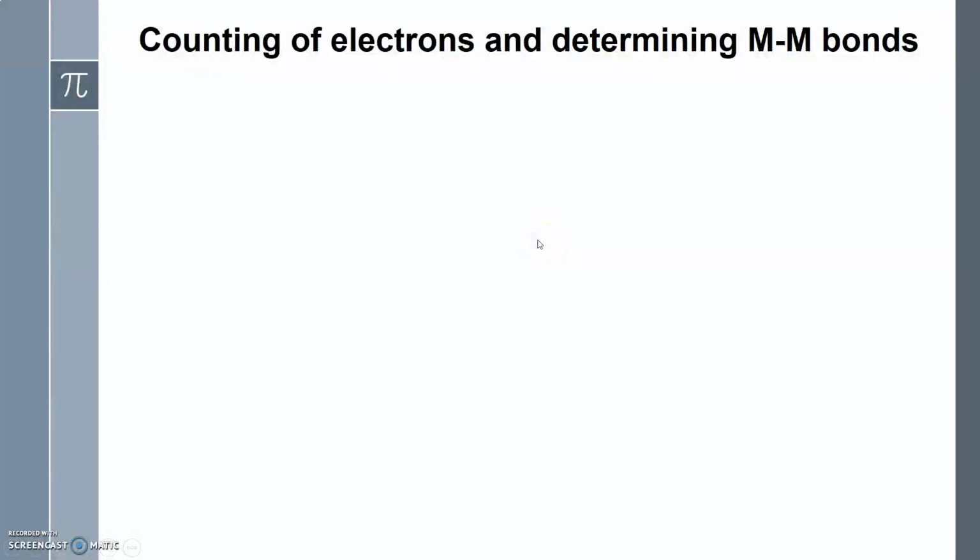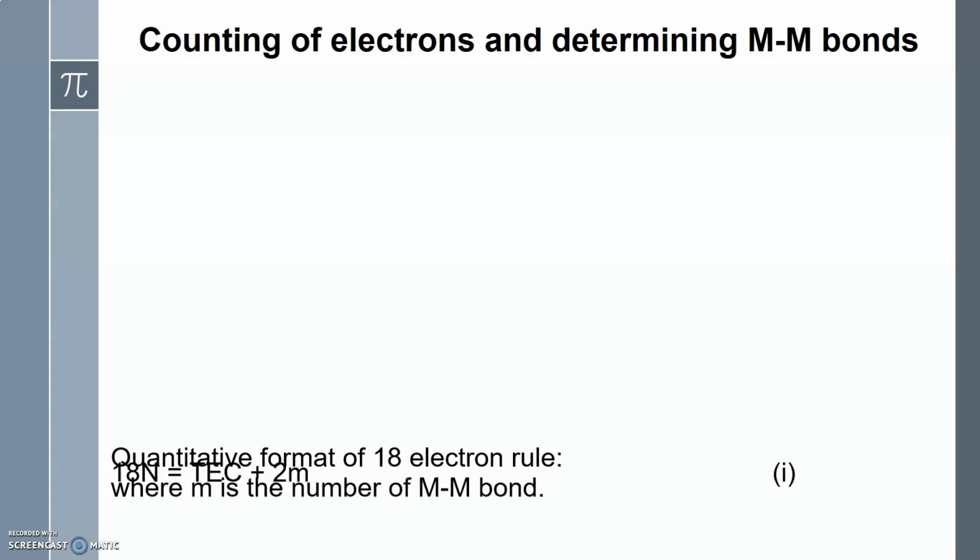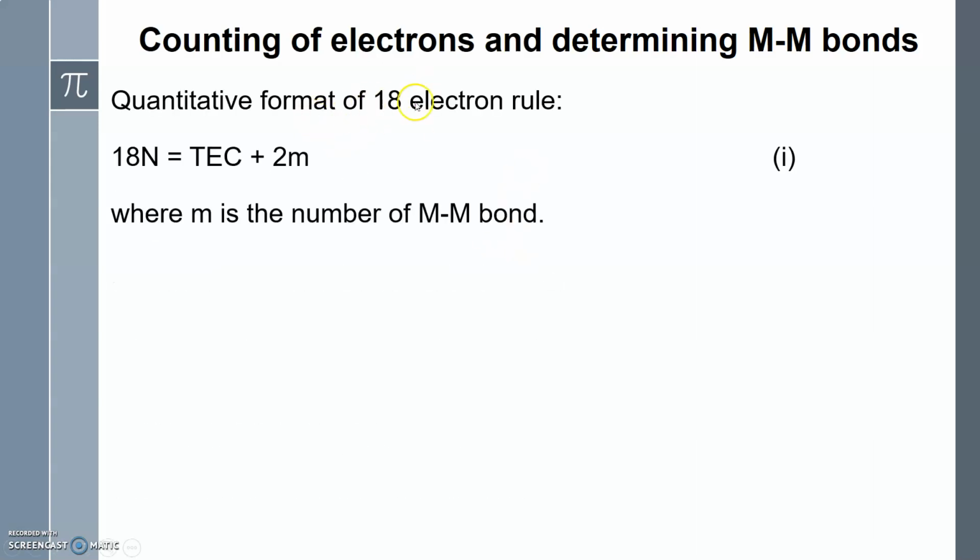Having learned the electron contribution of ligands for different modes of binding, we will now understand how to apply 18 electron rule and how to calculate the metal-metal bond. The quantitative format of 18 electron rule is 18N is equal to total electron count plus 2m. We will understand these terminologies now.